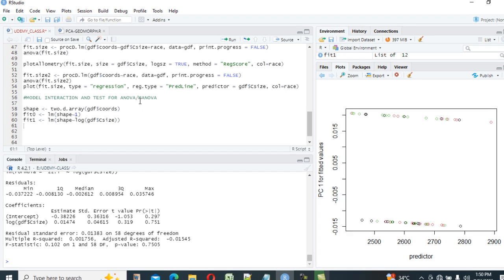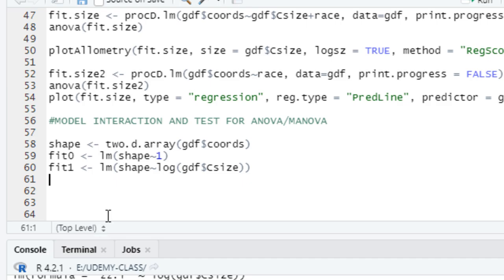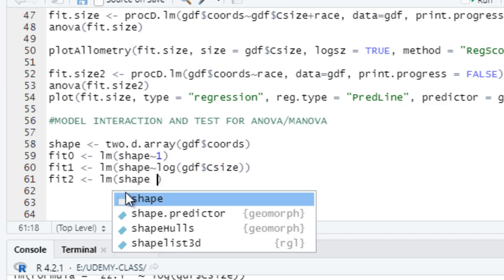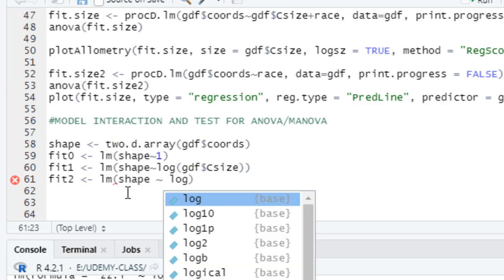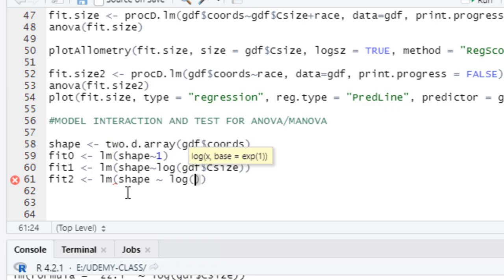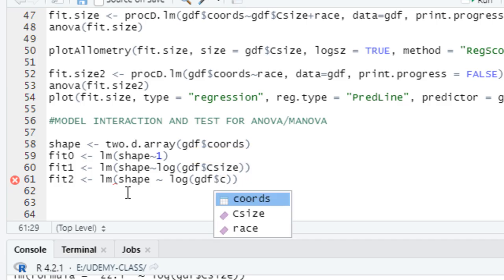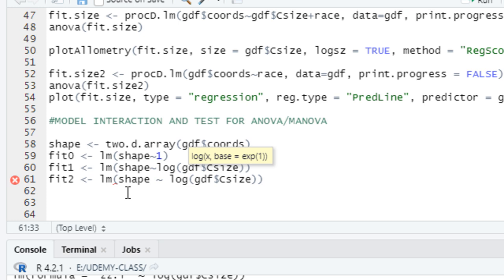So let's continue and see more. We are trying to run the interaction of our model now. Let's say we have LM, log size, log of GDF dollar plus CS size, plus race.